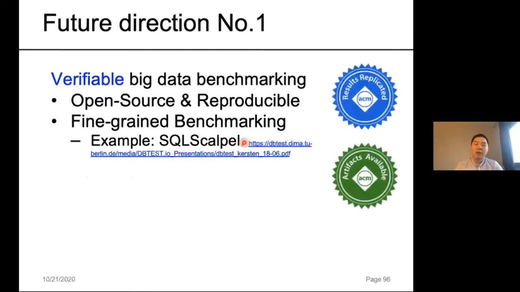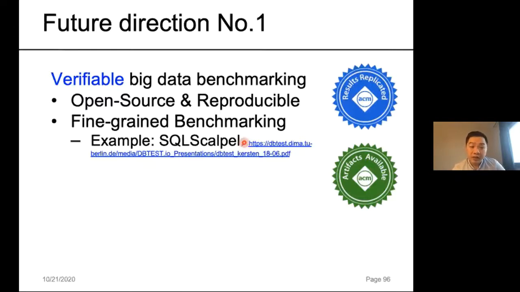So from my point of view, I give in this tutorial 5 future directions. The first one is verifiable big data benchmarking, meaning that we can make the benchmarking tooling open source and reproducible, of course, and we can also do fine-grained benchmarking to verify our benchmarking results.